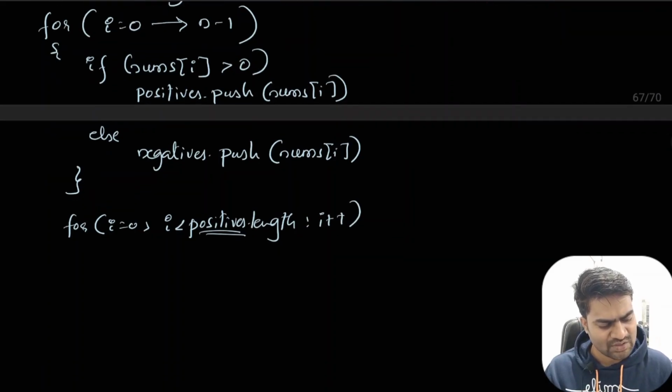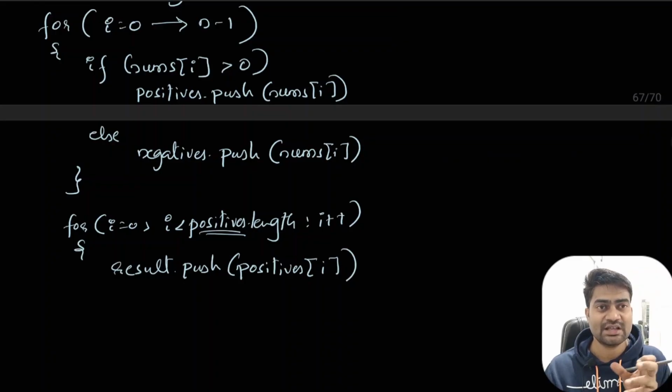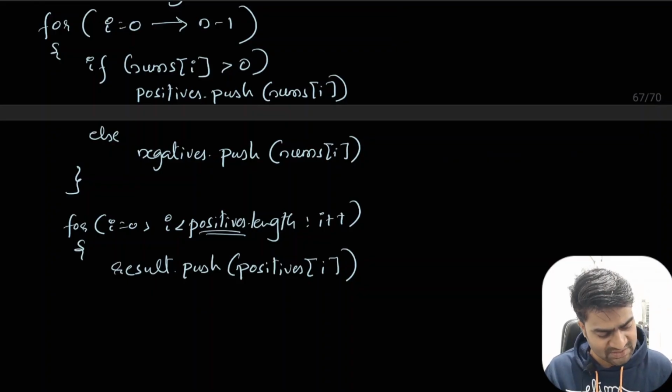Then I will say result.push or add first positives of i, because the first number that the solution accepts is a positive number, then the negative number. So positive number, negative number, positive number, negative number, something like that.